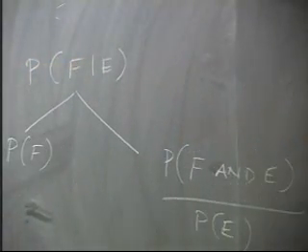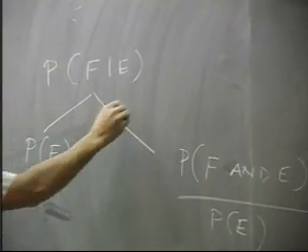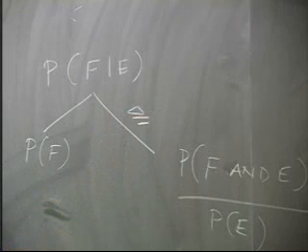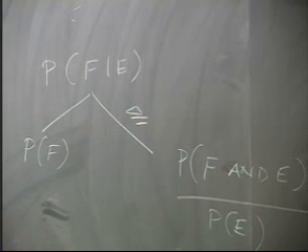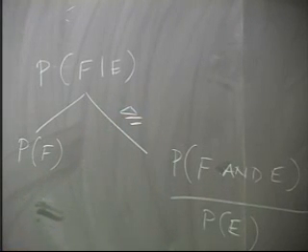Let me make sure I got this. Yeah. So this is the definition. By definition, P(F given E) is defined to be P(F and E) over P(E). That's just the notation that we use for this particular ratio.